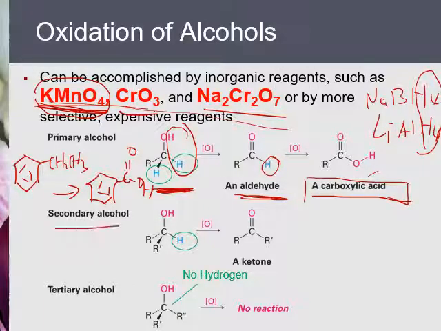If it's a secondary alcohol, then losing two hydrogens gives you a ketone. Because this carbon in the ketone does not have hydrogen, it cannot be oxidized further. So ketone is the final product for secondary alcohol. If it's a tertiary alcohol, then no reaction occurs. The carbon does not have hydrogen, so tertiary alcohol cannot be oxidized.